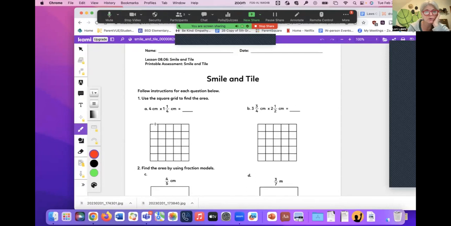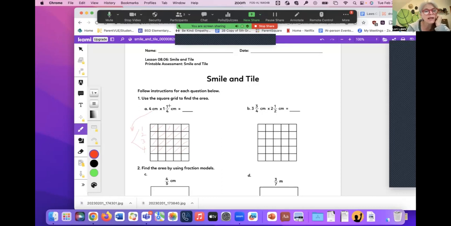And I've got 1, 2, 3, 4. So these are my horizontal centimeters. You can see right here, I have 1, 2, 3, 4. 4 centimeters right there. So that's the first number, 4 centimeters.